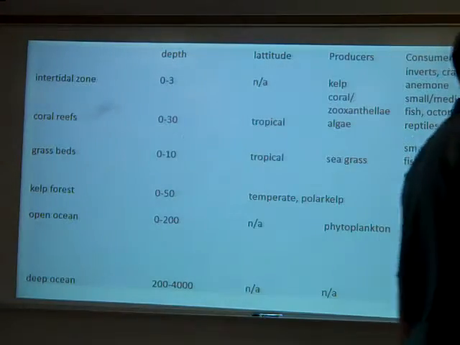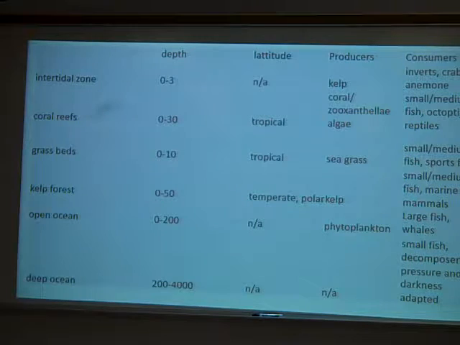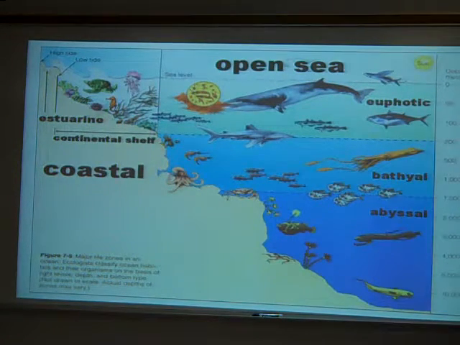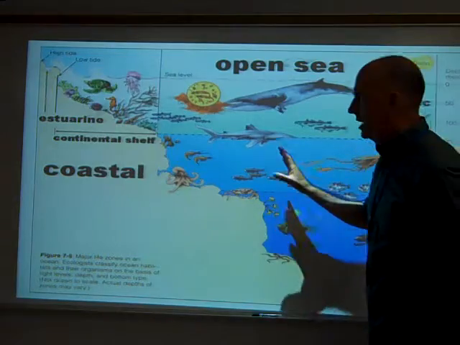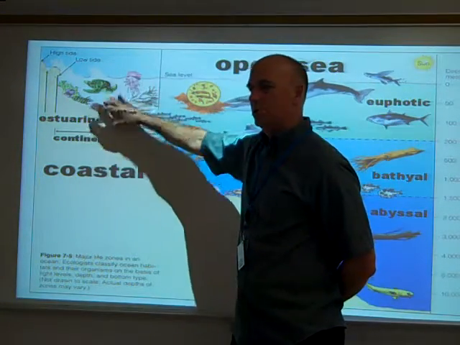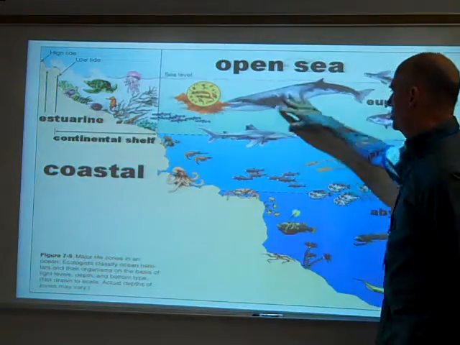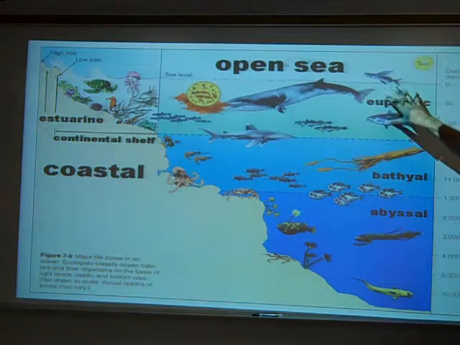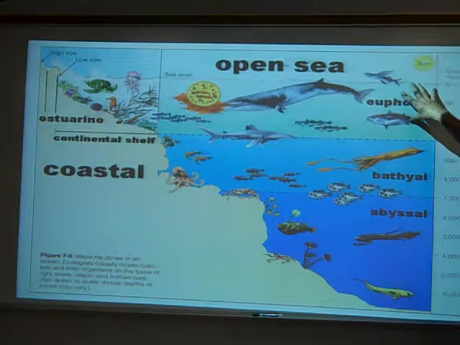One of the things that would be good to know, though, is what you can expect in the different areas of the ocean. And you saw a diagram similar to this on one of your questions. You don't need to remember these names here, but you would need to know that, for example, most of your productivity is close to shore. Then you have the open ocean. You have the zone at the top where you have sunlight penetration, so that's, of course, going to be a big factor in the food chains there.